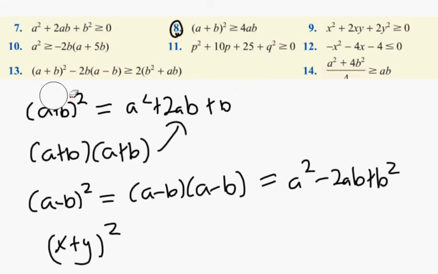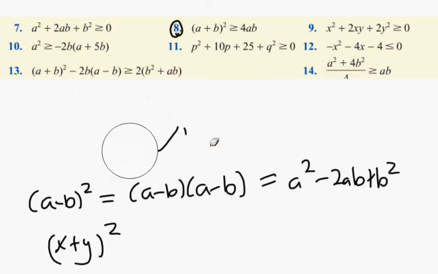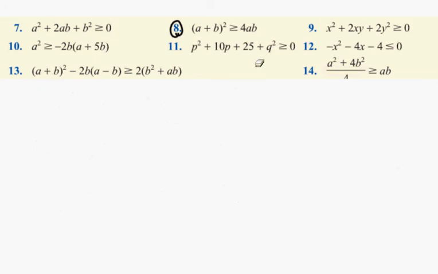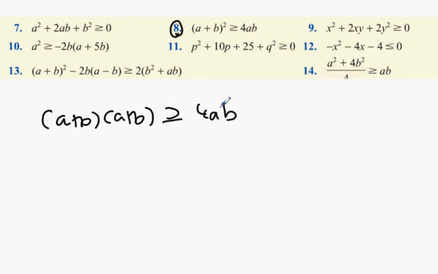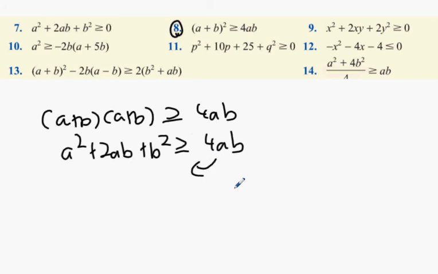So what's going to happen here, guys, is I look at question A and I go, okay, multiply both sides out. So I'm going to get a plus b by a plus b, and that's going to be greater than 4ab. I multiply it out, I get a squared plus 2ab plus b squared greater than 4ab. I move the 4ab to the left. In these questions, you're always going to have a 0 on the right hand side, and there's always going to be something on the left hand side.